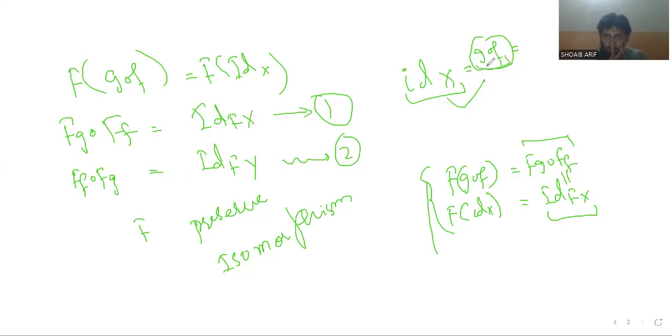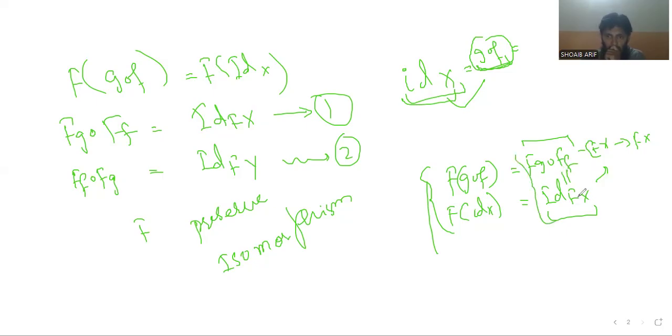So F of g of f is equal to id on X. So g of f is sent to F of g composed with F of f, and id on X is sent to id on F of X. This is from F of X to F of X, and this morphism is also from F of X to F of X.